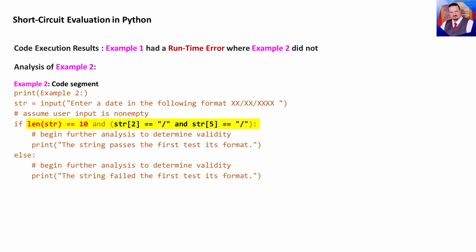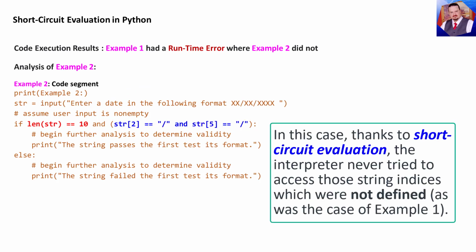Okay, so here we have example 2, which is just the 2 Boolean conditions interchanged in terms of their position in the AND statement. And now notice what happens. In the event that the length of the string, highlighted in red, is not 10, namely if this is false, the code never evaluates this right-hand factor. And that's what saved us.